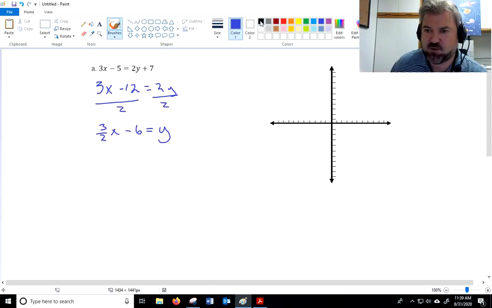So I know that my y-intercept is at -6. And my slope is up 3 over 2. It looks like my x-intercept then must be at 4 just by using the slope. All right. Now let's take a look at the next one.